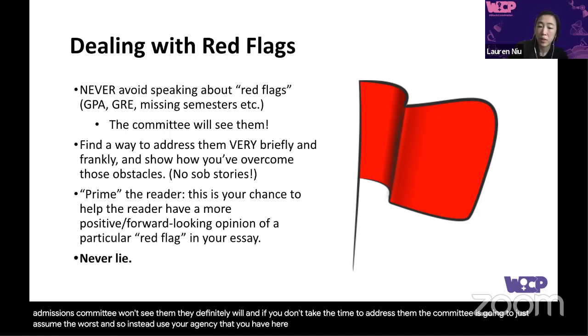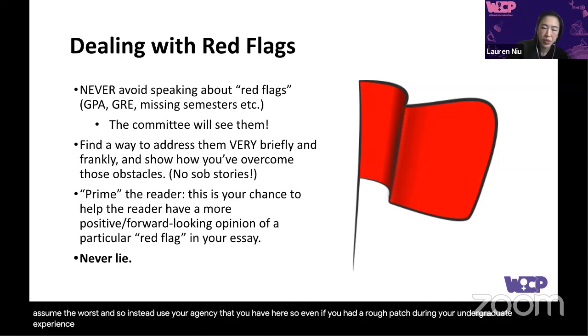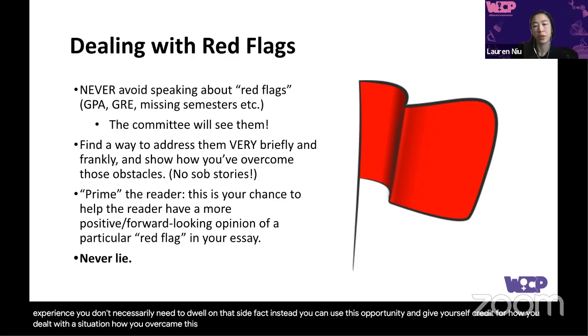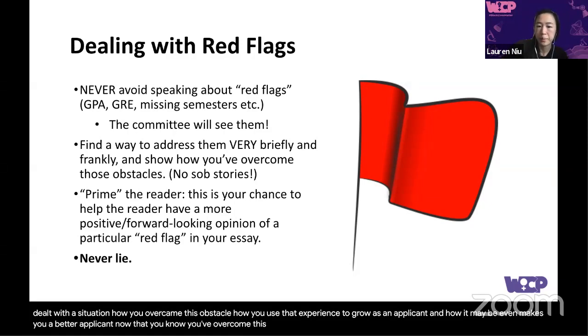Even if you had a rough patch during your undergraduate experience, you don't necessarily need to dwell on that fact. Instead, you can use this opportunity and give yourself credit for how you dealt with the situation, how you overcame this obstacle, how you used that experience to grow as an applicant, and how it maybe even makes you a better applicant now that you've overcome this red flag.